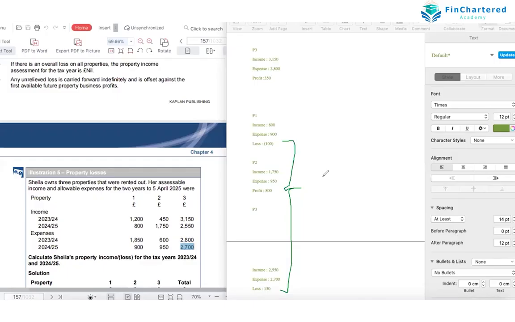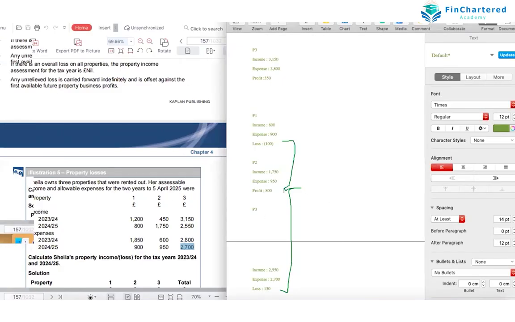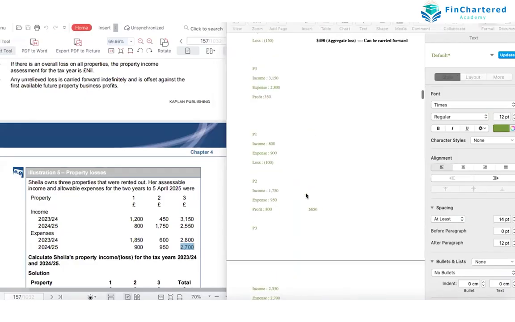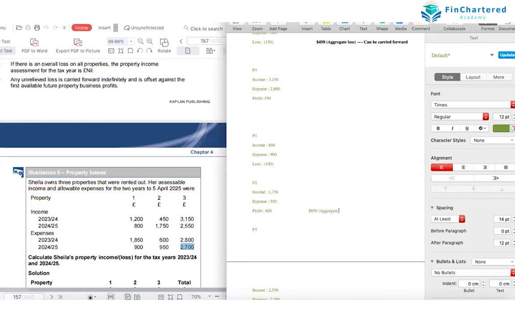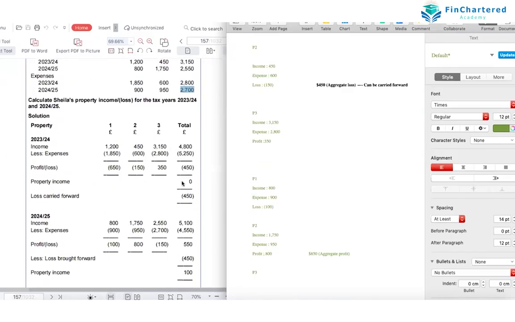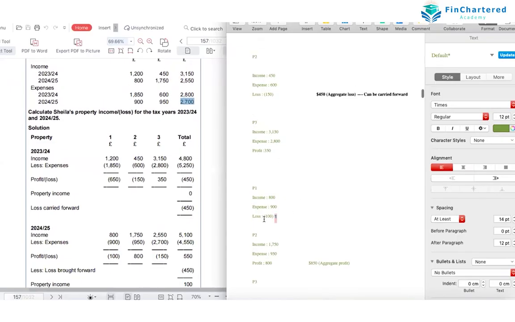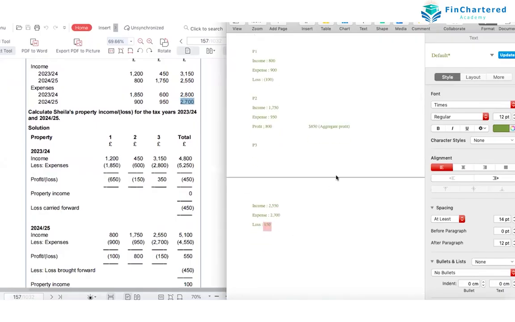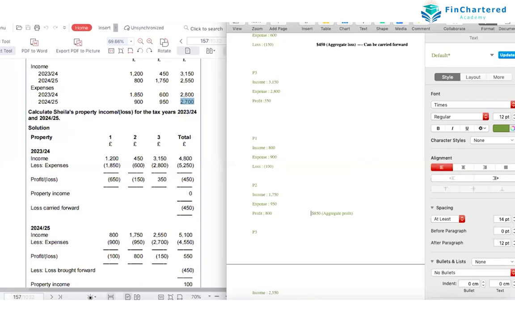So we have an aggregate profit of 850. First one is 100, second one is 800, third one is 150.